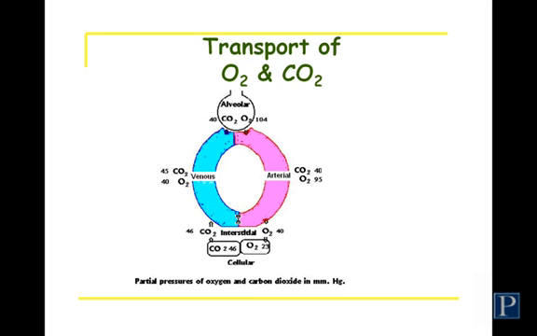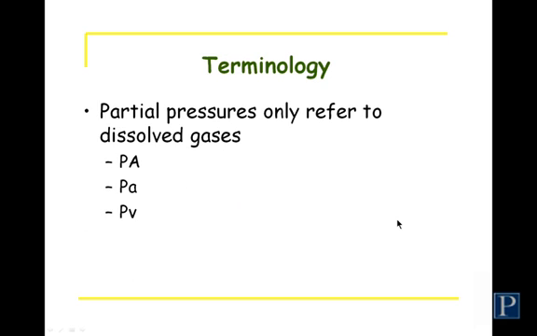Now, one thing that's not in your notes that you need to be aware of and write down right now is that there are abbreviations that we'll use for partial pressures, and you're required to know those abbreviations. You can't ask Dr. Kayes during the middle of the exam what that is supposed to mean. You're supposed to know it.